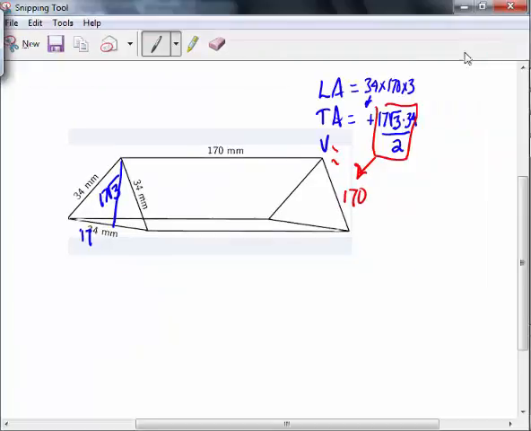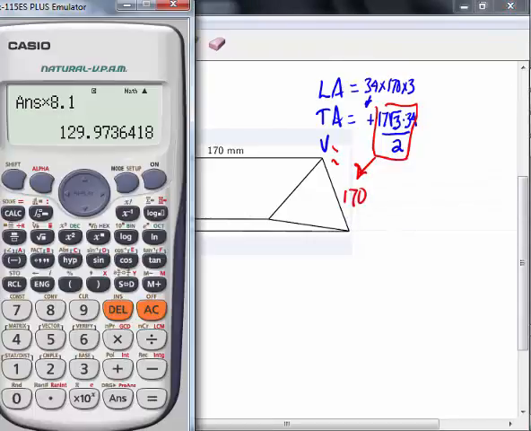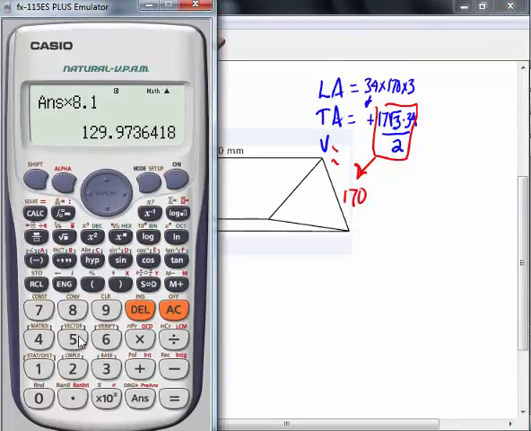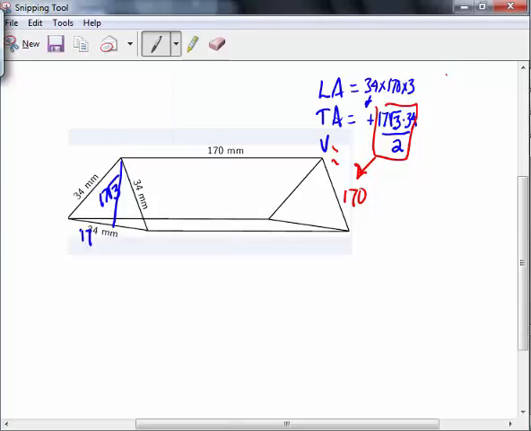Okay, so let's do the math and let's write each of those in. So the lateral area is 34 times 170 times 3, and we get 17,340.